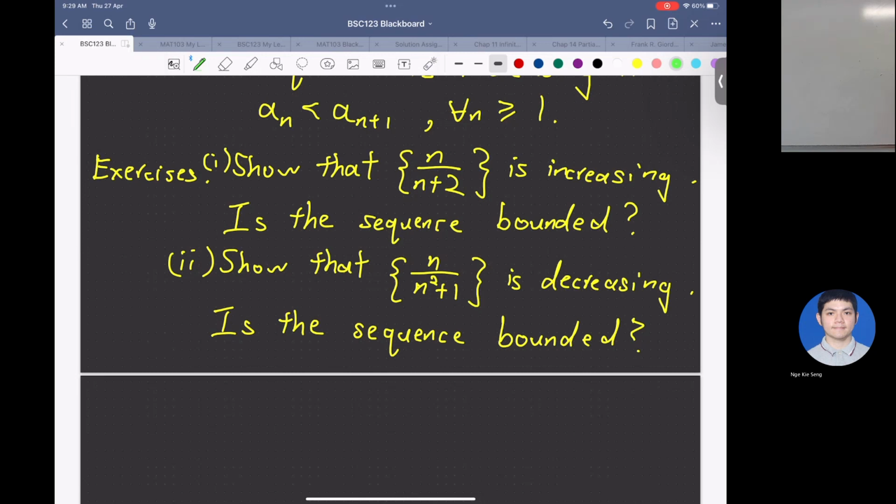Then you need to try different inequalities. If the question says show that, then you just go and show it. Just go and look for decreasing. If you need to determine, then you need to test both inequalities: less than or equal to, or greater than or equal to.